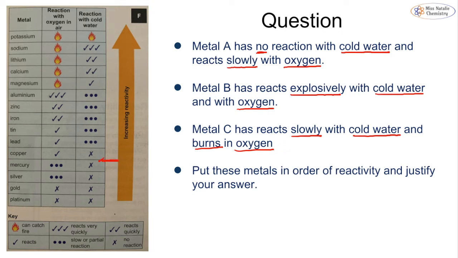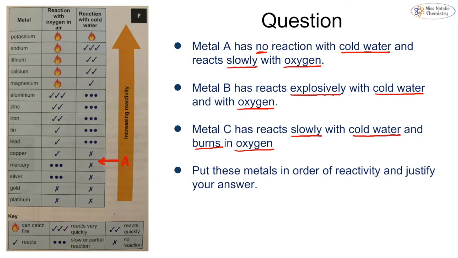So A is probably going to sit in between copper and mercury because it doesn't react with water and it reacts slowly with oxygen. Now it could be between mercury and silver or between silver and gold because it's the same justification, but we're just going to say it's between copper and mercury.